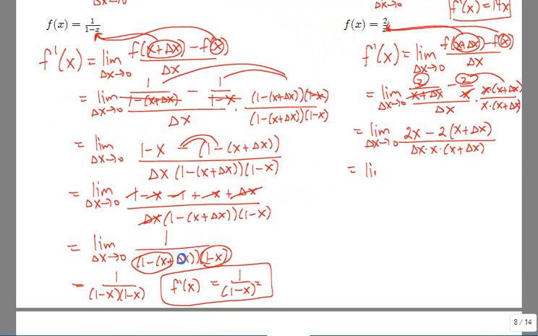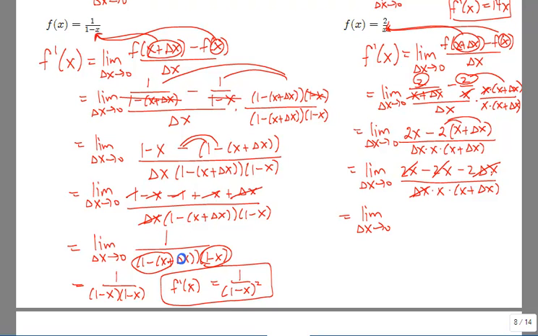Now in the numerator, we still have some parentheses that we're going to want to distribute. So let's distribute our negative 2. So we'll have 2x minus 2x minus 2 delta x. So the 2x's cancel, and that means in the numerator we're left with a negative 2 delta x, and that delta x will cancel with the delta x that's on the bottom. So what we're left with on the top, don't forget that delta x term had a coefficient of negative 2.